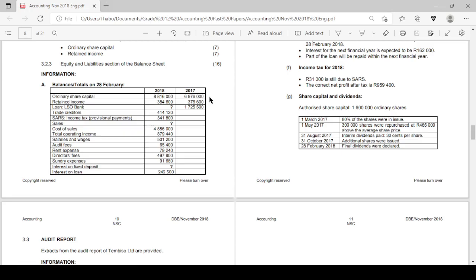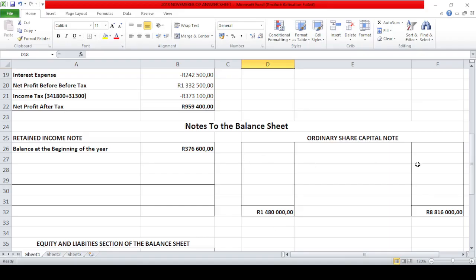So at the beginning of the year, it's 6,976,000. We are going to record it here.